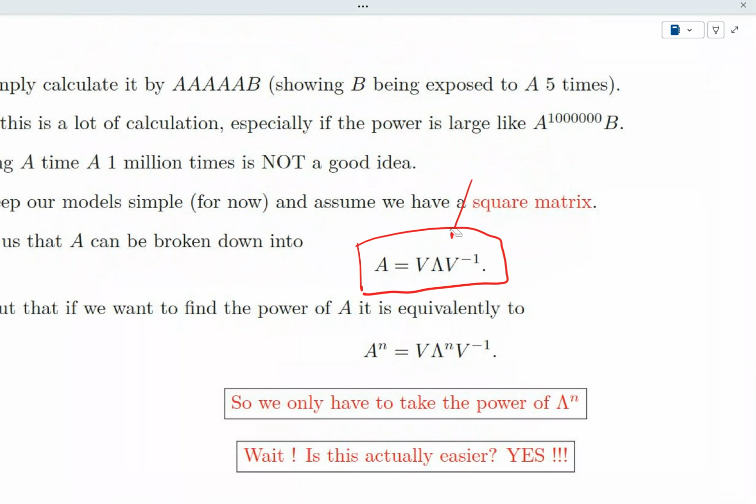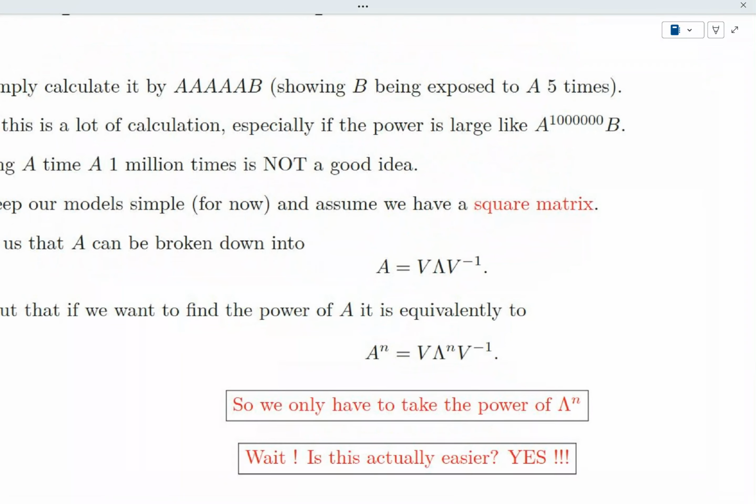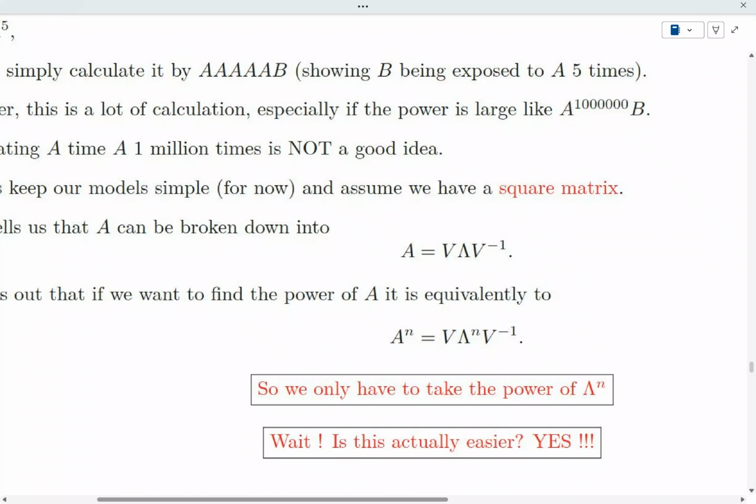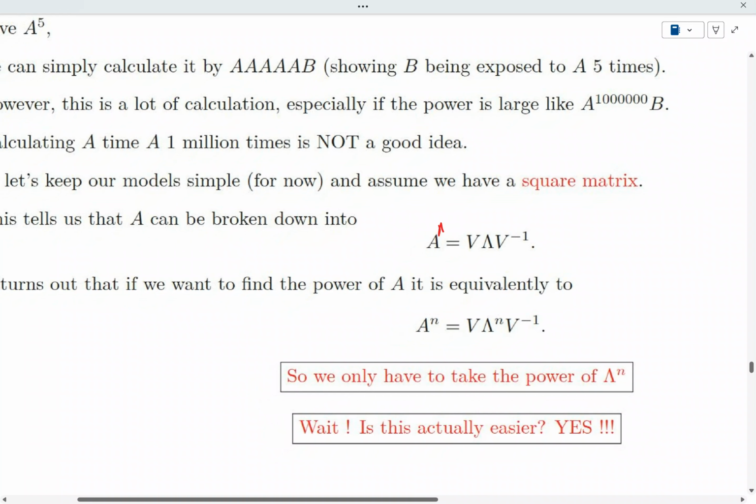This component is the eigenvector, and these components are the eigenvalues. So the question now is, can we use this knowledge to learn what A to some kind of power is? It turns out, yes. If you want to find A to the power of n, it is simply the eigenvalues to the power n. That's it.